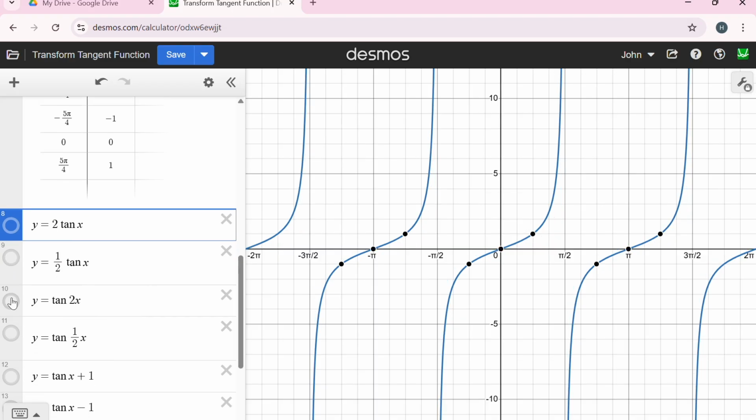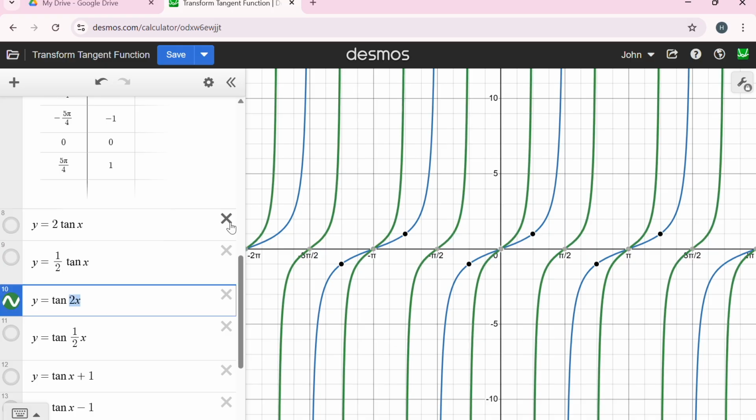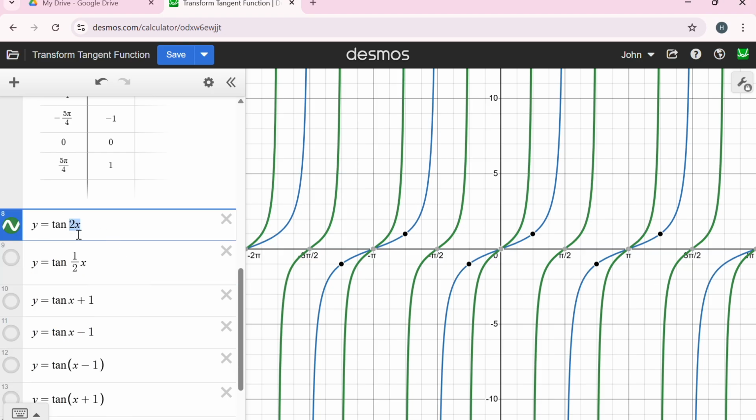What if I change my B value? There's a B value of 2. Well, I know that's a factor of 1/2, so does it make sense that pi over 4, 1 becomes, so the y values are the same, pi over 4, 1 becomes pi over 8, 1?